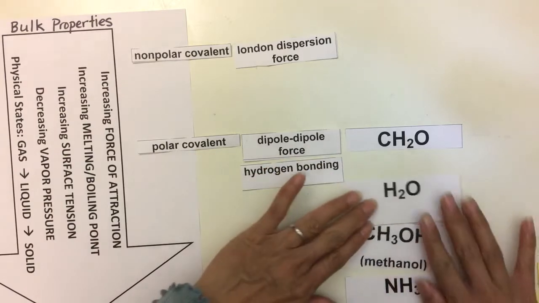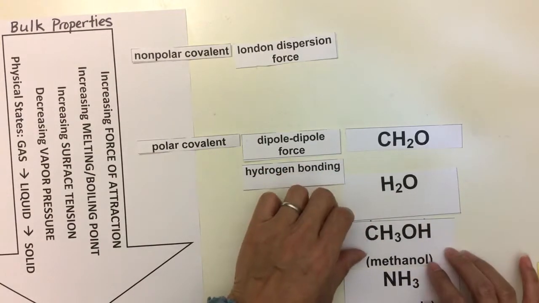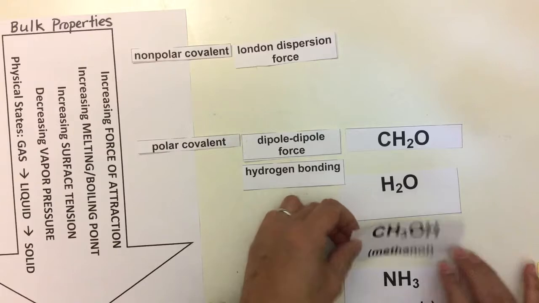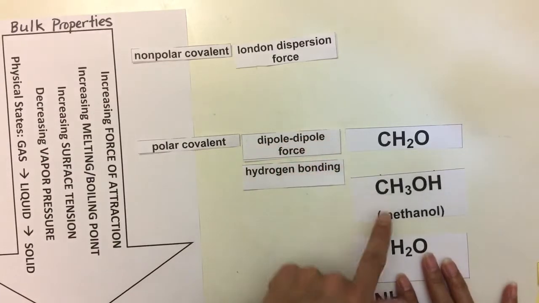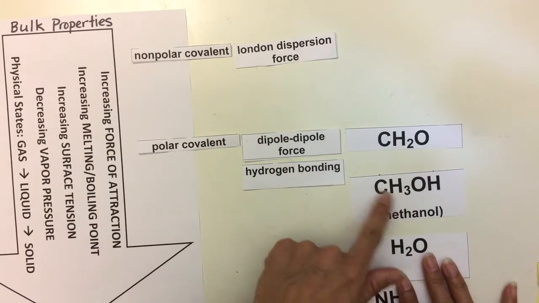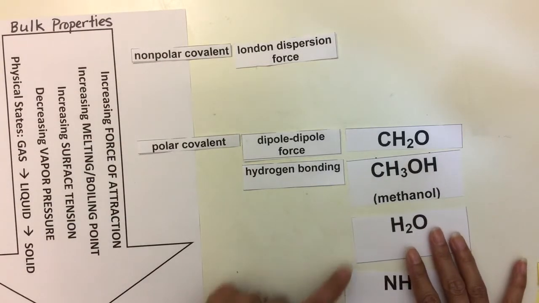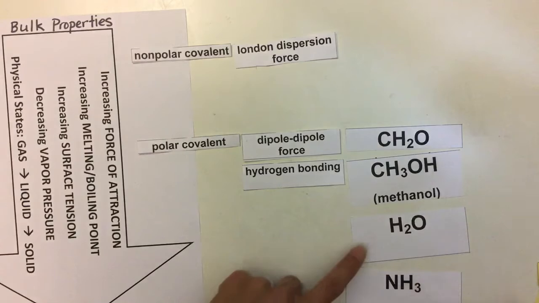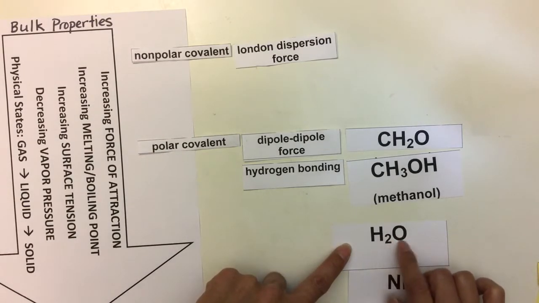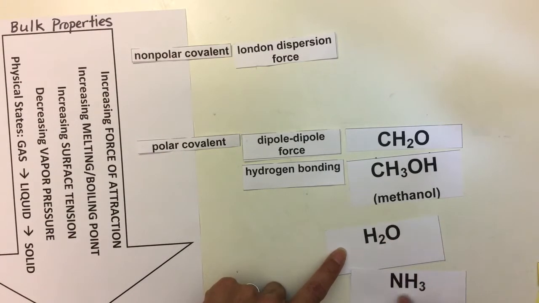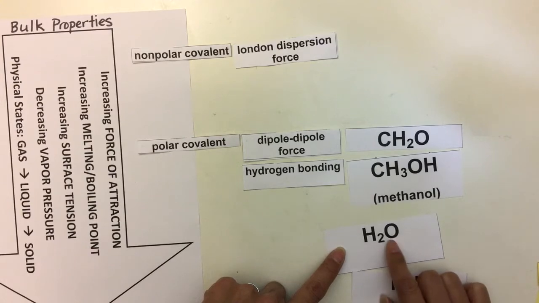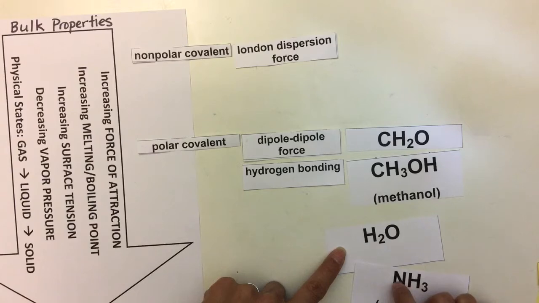So now to rank them in order is to see the structure. Really look at the structure and see if there's any non-polar ends. So I see that there's a non-polar end right here at the CH3. So it's going to have a weaker force of attraction, even though they have hydrogen bonding. This structure has lots of hydrogen bonding throughout. This one also, but this one has oxygen versus nitrogen, and oxygen's more electronegative than nitrogen.